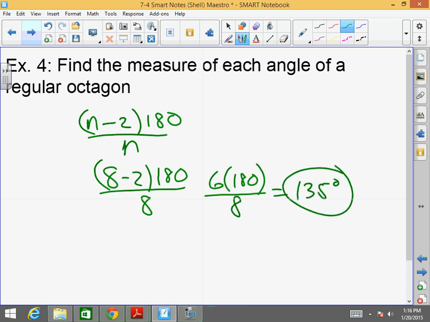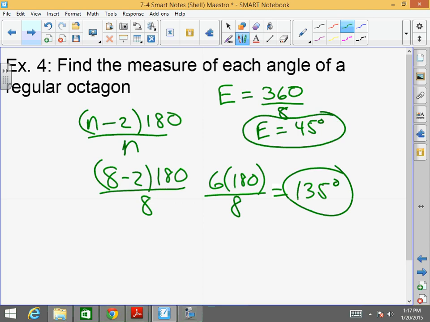Now, there's an easier way to do this, though. If I find the exterior angle, 360 divided by 8, right, because we're talking about an octagon, each exterior angle would be 45 degrees. But isn't each exterior angle supplementary to each individual interior angle?